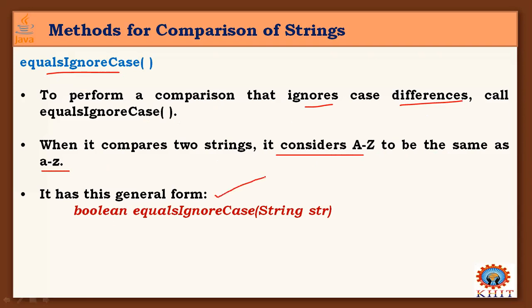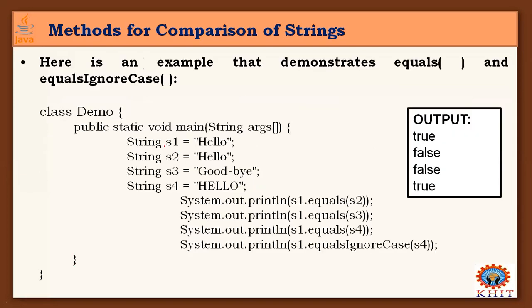This is the general form of the method, taking a string object or string value, and it is of boolean type. Here is a simple example to demonstrate equals and equalsIgnoreCase.